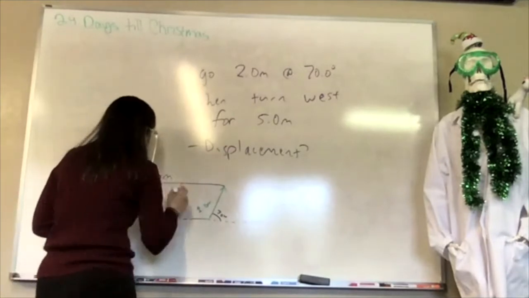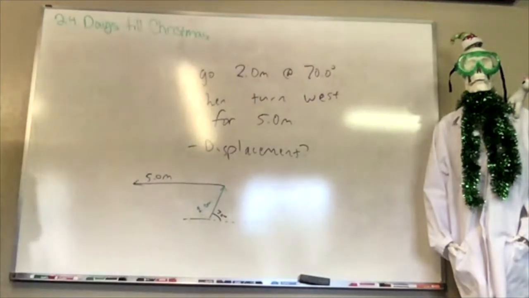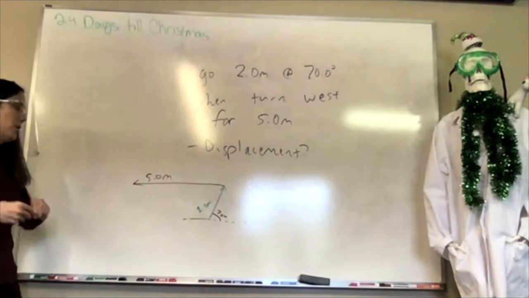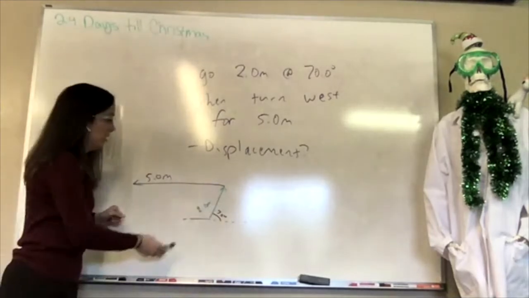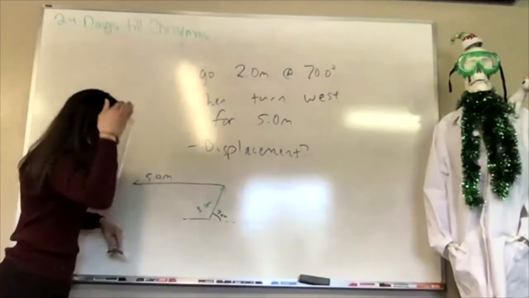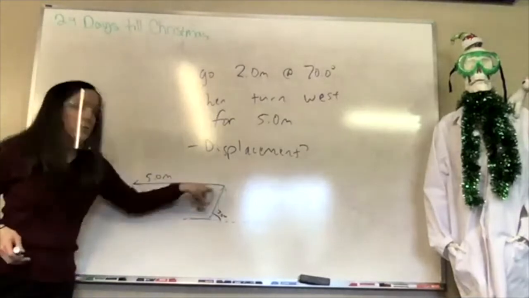Sorry, I got east and west mixed up, but yes, left is west, right is east. So we can think of it as 70 and then 110. If you have 2 parallel lines, which you do, then you would know these angles as well.